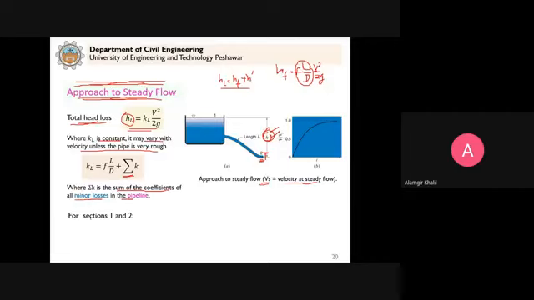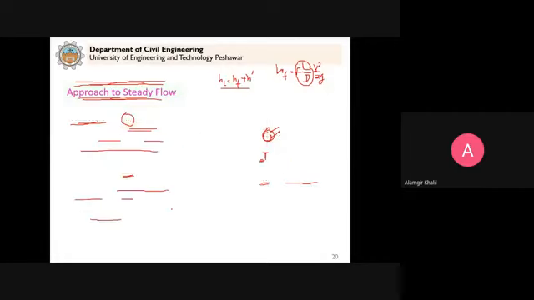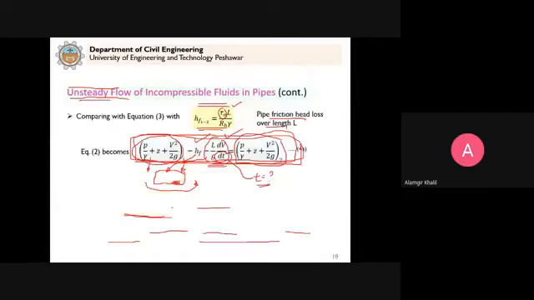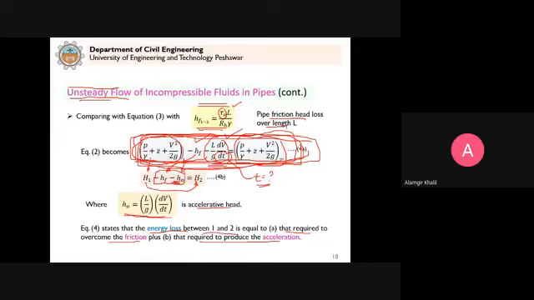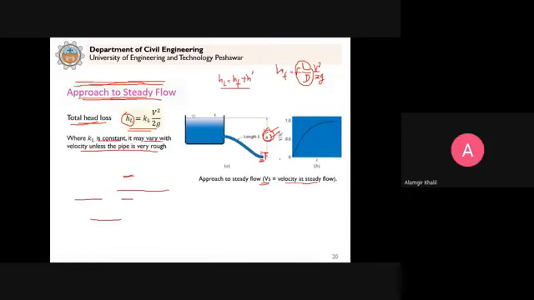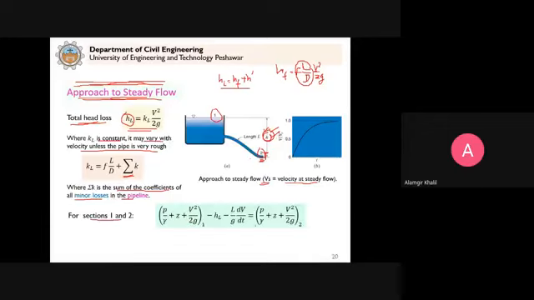So now for section 1 and 2, we already wrote down this equation because we stated the time can be calculated from this equation 4. So just this equation now we write down for two sections, for section 1 here and for section 2 here.